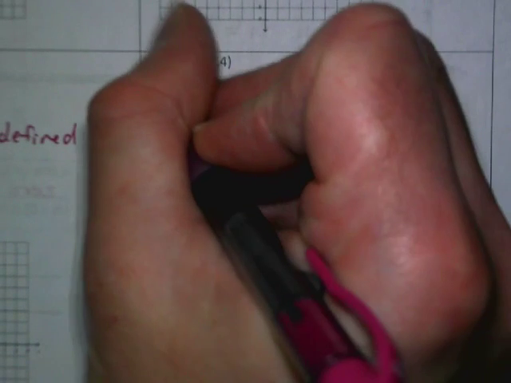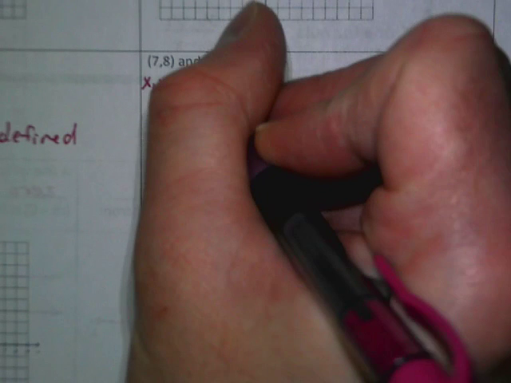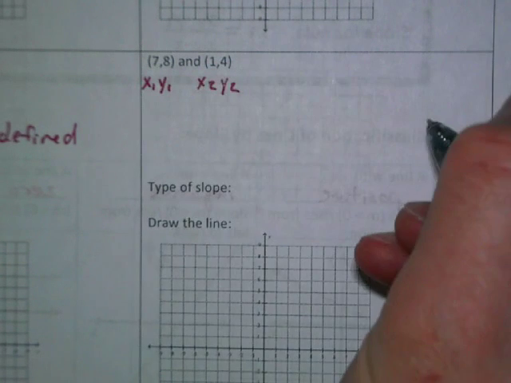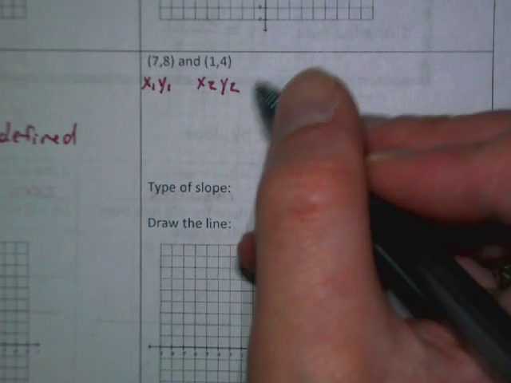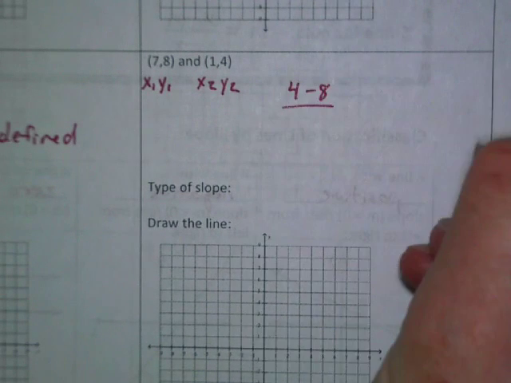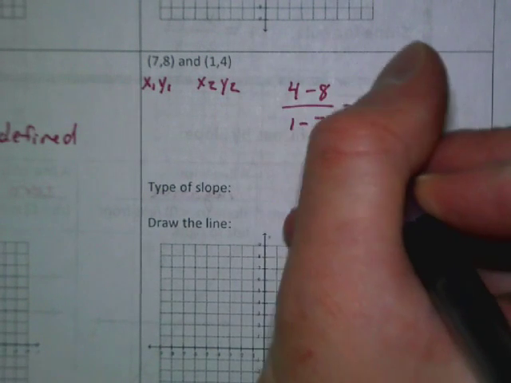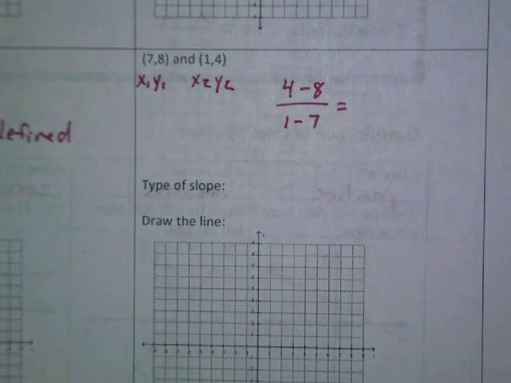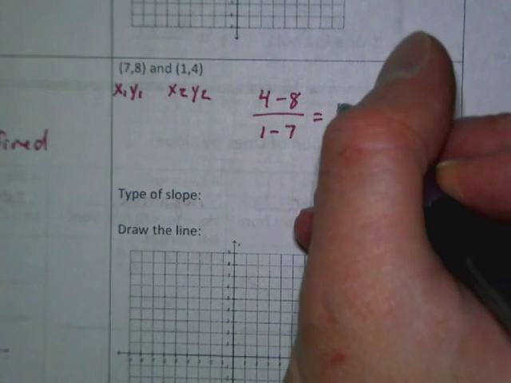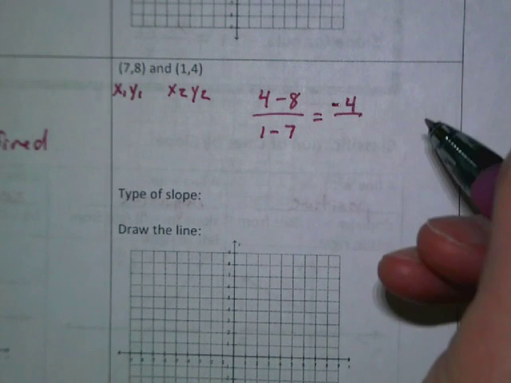Okay, so we've seen a negative slope, we've seen a zero slope, and undefined. We're going to look at a positive slope now. So labeling these again, x1, y1, x2, y2. So we got y2 minus y1, 4 minus 8, and then x2 minus x1, 1 minus 7. What does 4 minus 8 give us?